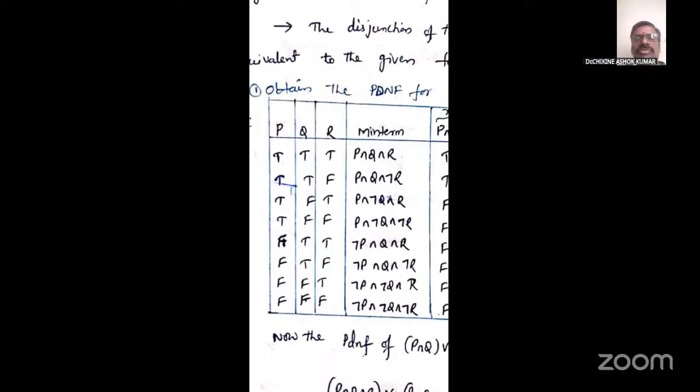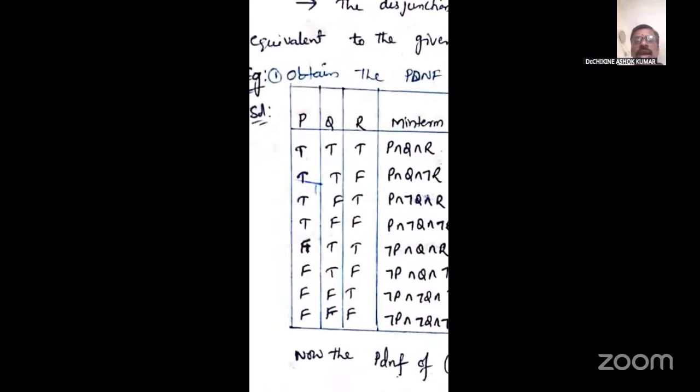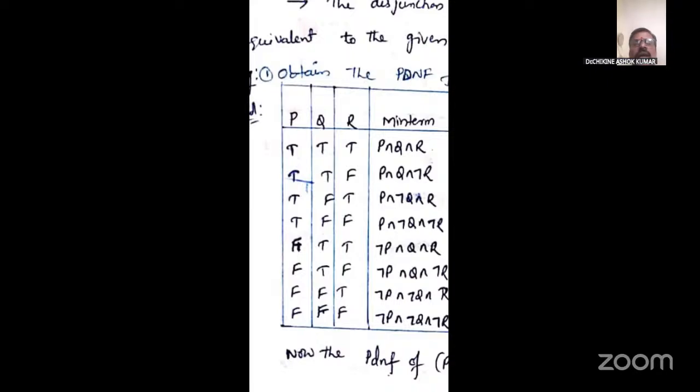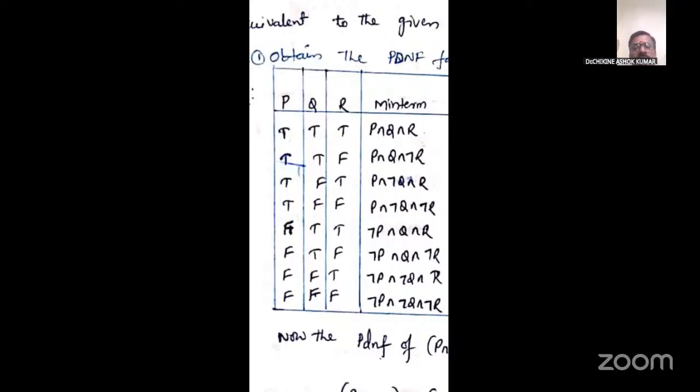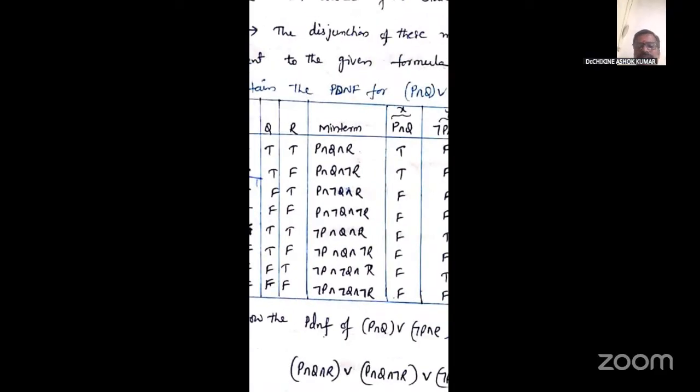So TTF means P intersection Q intersection negation R. Similarly TFT means P intersection negation Q, because Q has the false value, intersection R. Next, P intersection negation Q intersection negation R. Negation P intersection Q intersection R. Negation P intersection Q intersection negation R. Negation P intersection negation Q intersection R. Negation P intersection negation Q intersection negation R. Okay, these are the combinations.